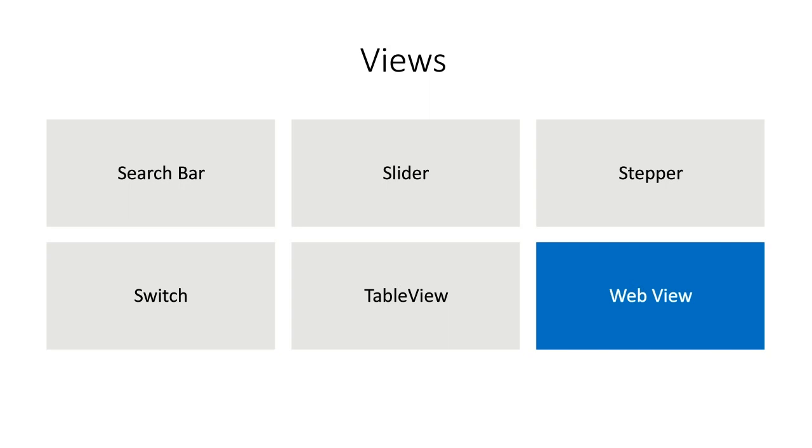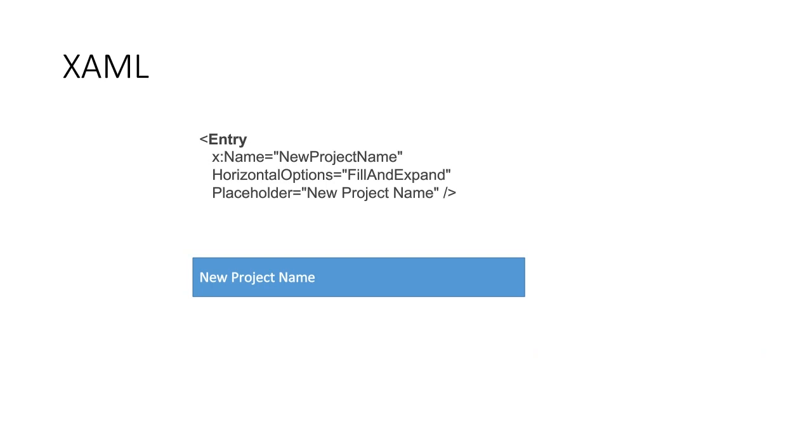You can create your views using C#, but virtually no one does. Instead, we use XAML. XAML is a markup language that is very much like XML or HTML. You may be familiar with XAML from its use in WPF or in Silverlight.